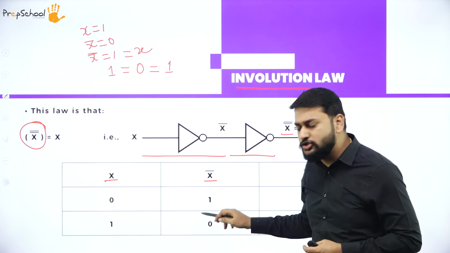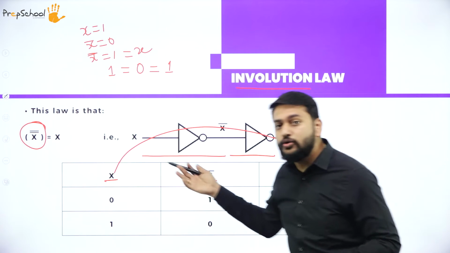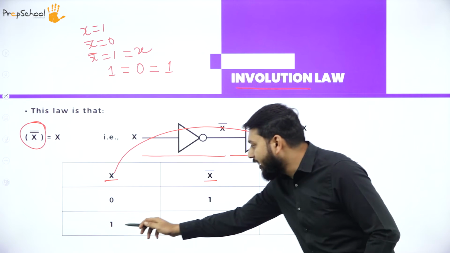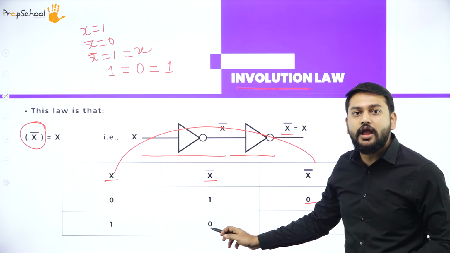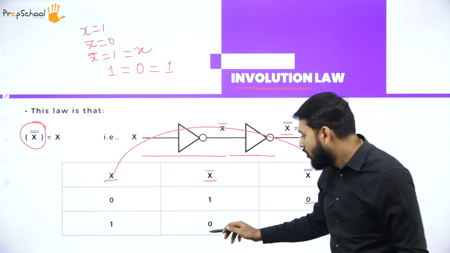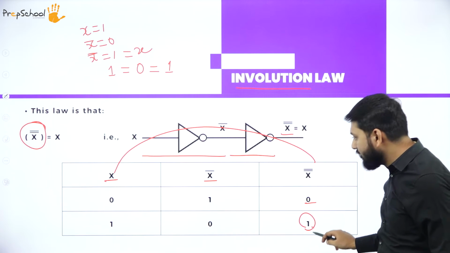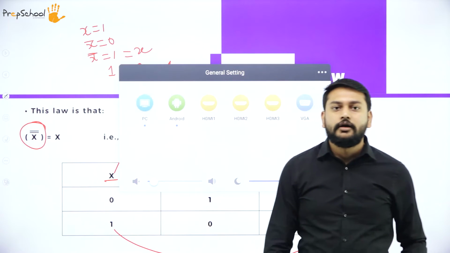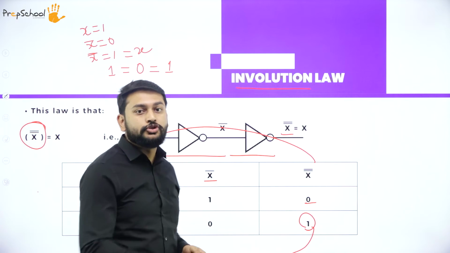Again, if I complement this, I will have 0. So this X double dash is equal to X. Of course, yes. Again, I have 1, that is the X value. I will complement this and my output will be 0. Again, I complement the 0, so I will get 1. So again, this is equal to X. This is what I have to remember with respect to the involution law.